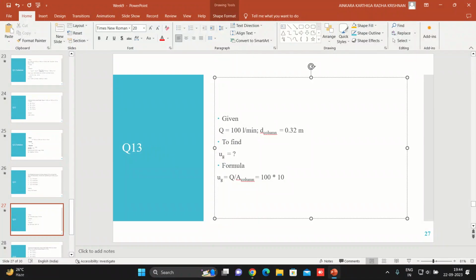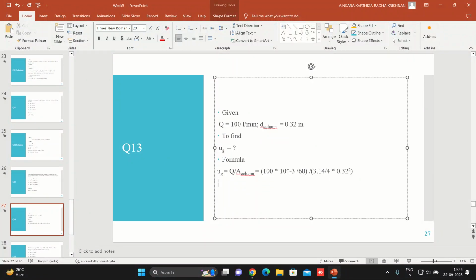One liter is equal to 10 power minus 3 meter cube. So we'll just deal in meters and then substitute. 1 minute is equal to 60 seconds. So the flow rate in meter cube per second is divided by 3.14 divided by 4 into 0.32 squared, which is nothing but 20.7297 into 10 power minus 3 meter per second.